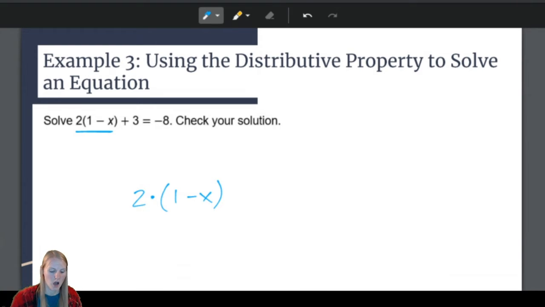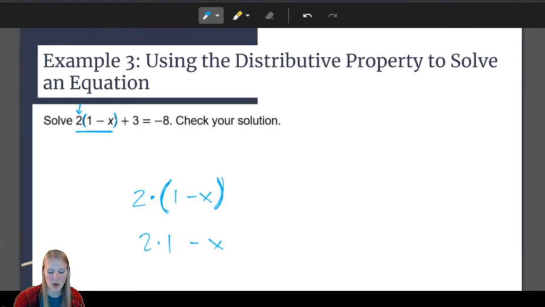Remember, when a number is touching something else, or when they're right next to each other, it means multiply. So because the 2 is right next to these parentheses, it means times 1 minus x. So I'm not just doing 2 times 1 minus x. I'm doing 2 times everything in here, 1 minus x.